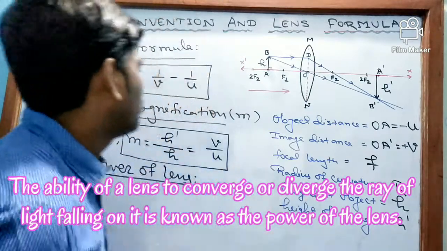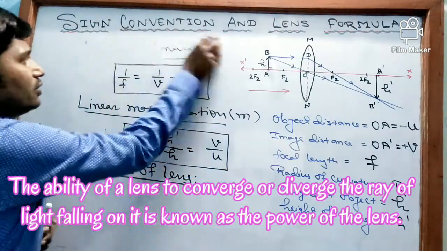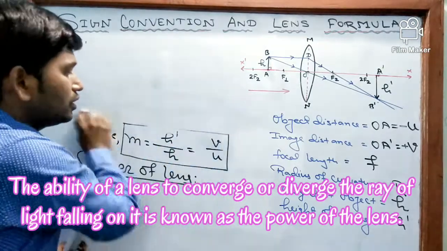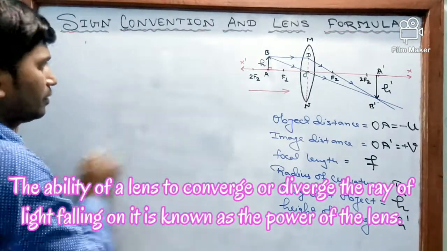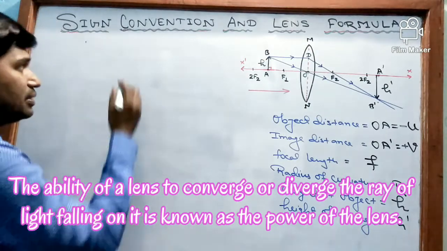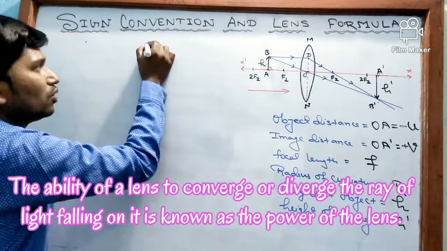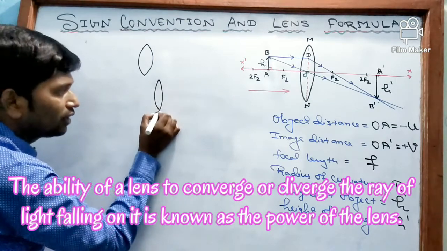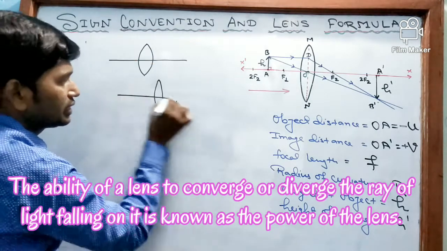Let us see how. Suppose I am taking two convex lenses, one thick and one thin. This is the principal axis.